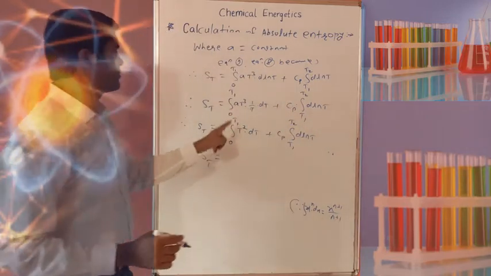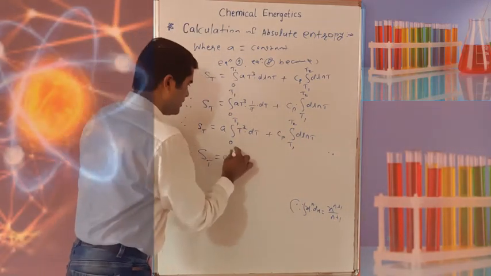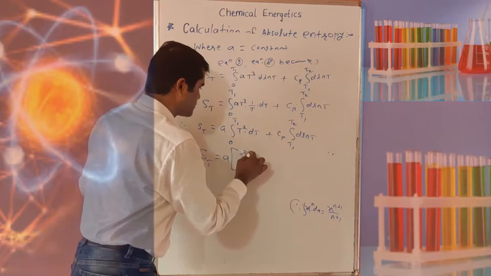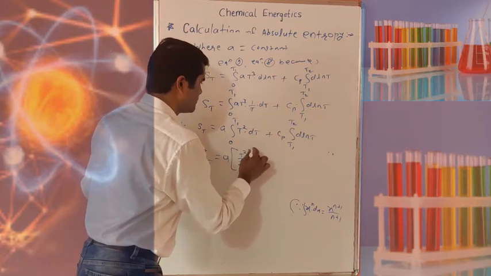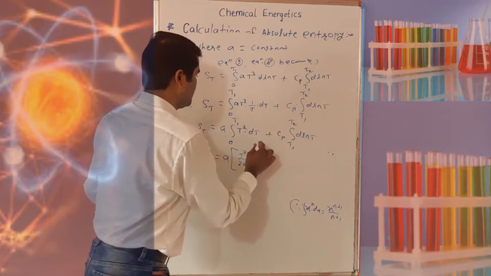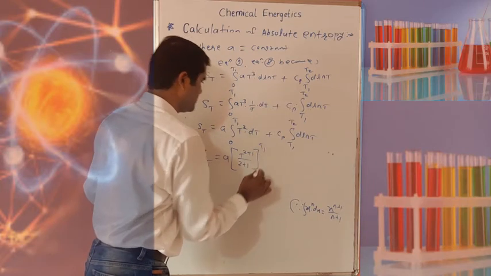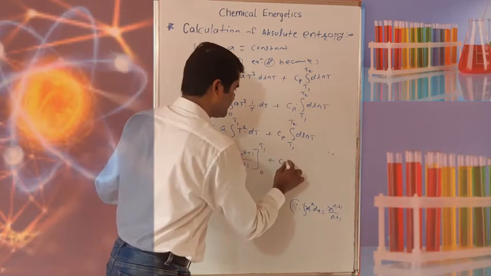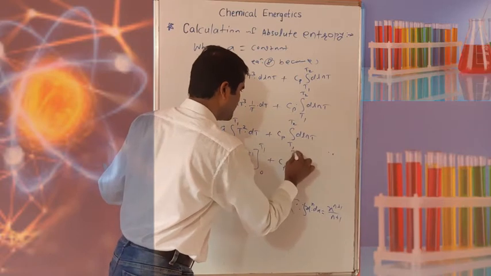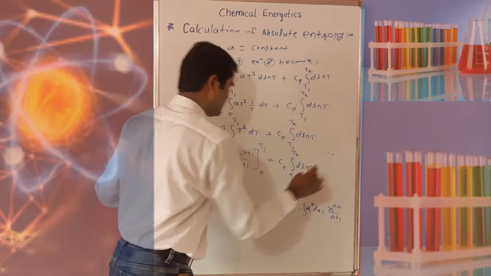So A into integration of T square is T raised to 2 plus 1 upon 2 plus 1, upper limit T1, lower limit 0, plus Cp integral from T1 to T of d ln T.